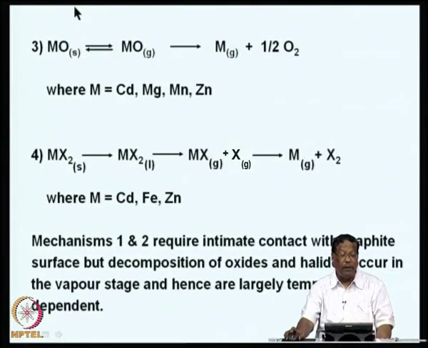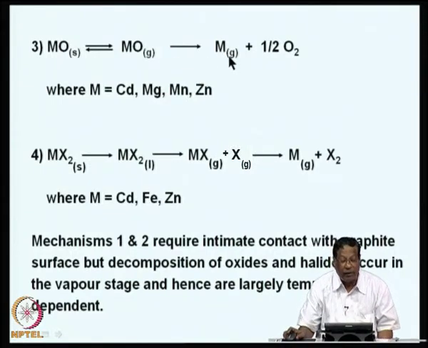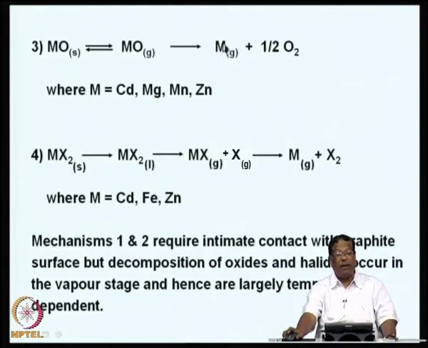Now, it is also possible that the metal oxide can get converted directly to metal oxide gas itself, followed by reduction as usual, that is, metal atoms in the gaseous stage, along with the corresponding amount of oxygen that is present in the metal oxide.